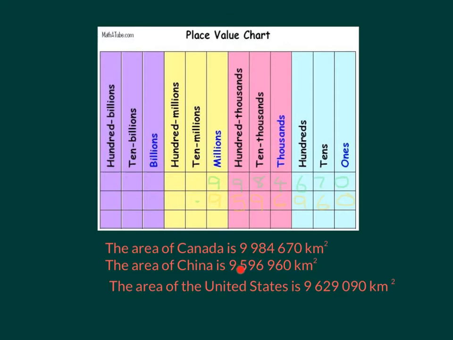And how much is it greater by? This is 500,000. This is 900,000. I know that if I was to subtract 5 from 9, I am left with 4. So Canada has 400,000 more kilometers in terms of area.